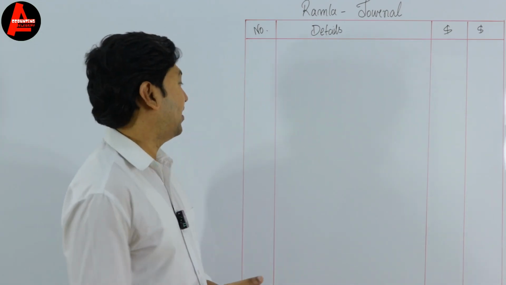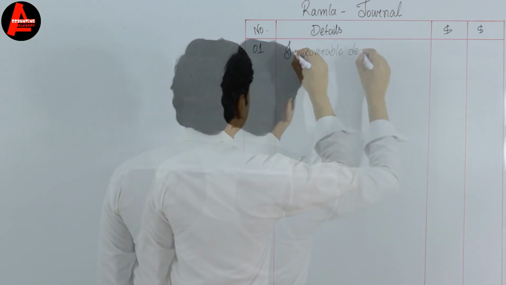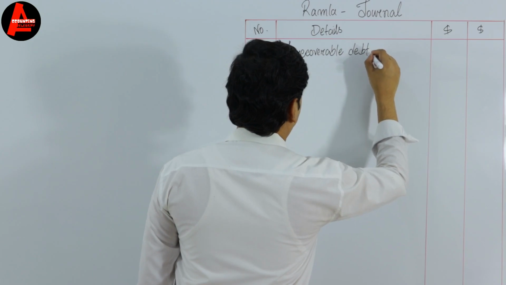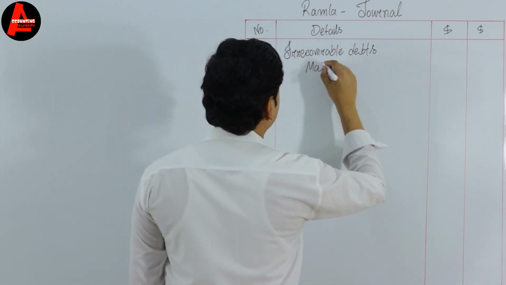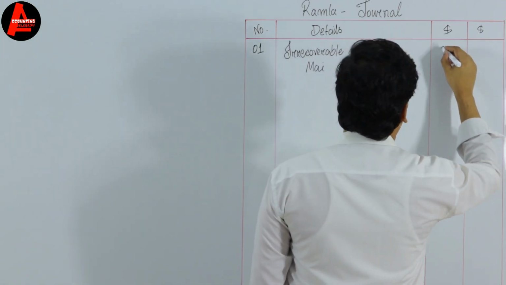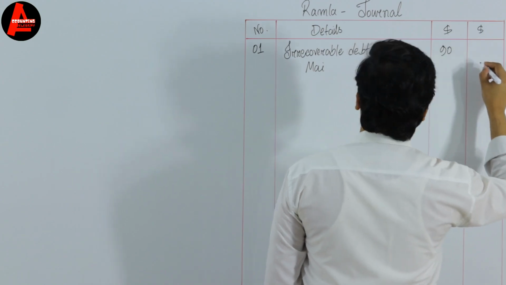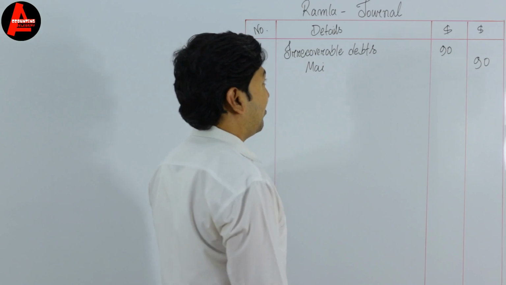Simple. So let us write here number 1, irrecoverable debts account to be debited and Maya account to be credited. The amount is $99 on the debit column and the same amount on the credit column. So first one is done.